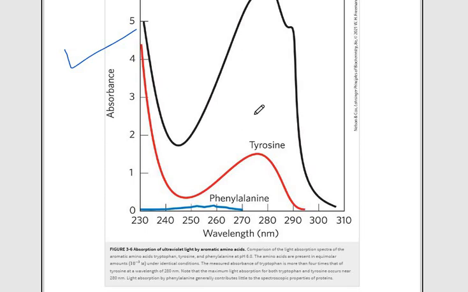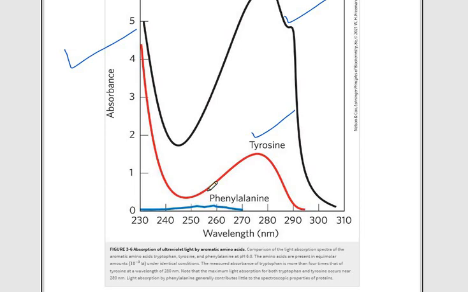The measured absorbance of tryptophan, this is the tryptophan in black color, is more than 4 times that of tyrosine. This is the tryptophan and this is the tyrosine in red, and phenylalanine in blue color.